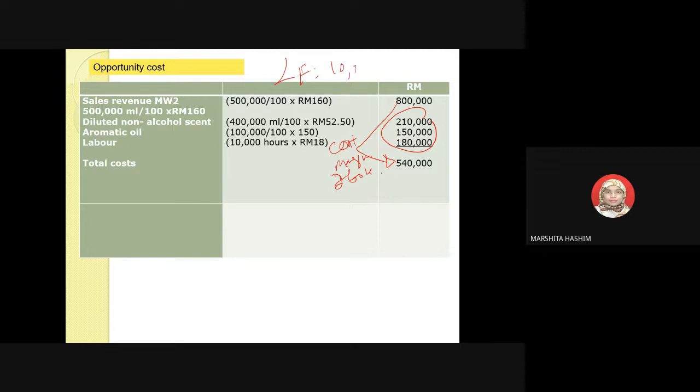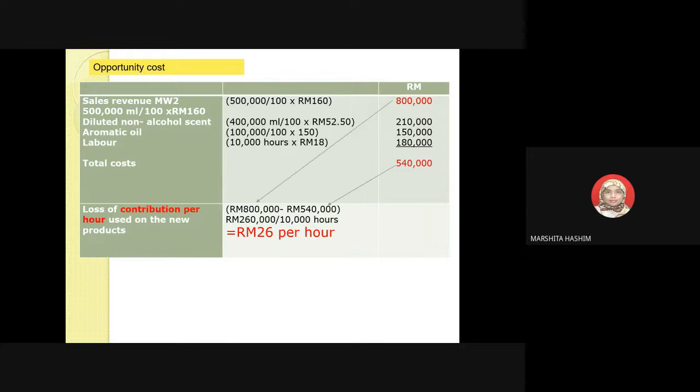Now your limiting factor is in terms of labor. You have 10,000 labor hours only. So you calculate contribution margin per labor hour, that is, contribution margin per limiting factor. In this case, your limiting factor refers to labor hours. So your contribution margin per limiting factor is 26 ringgit per labor hour.